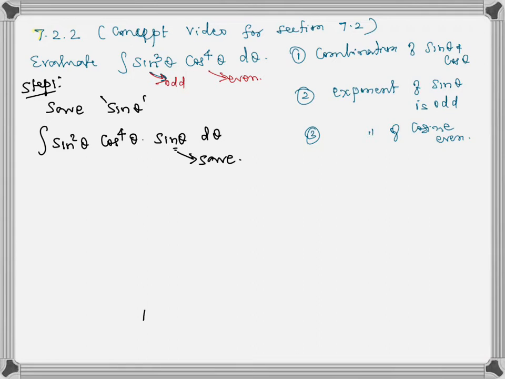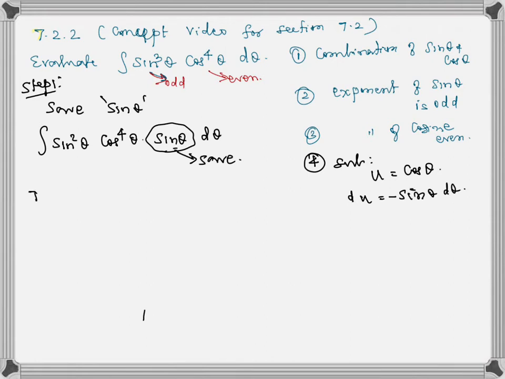Anytime you look for what you save, if you are saving sine, then your substitution would be cosine theta. In a problem, if you are saving a cosine, then your substitution would be sine theta. So we are making a substitution u equal to cosine theta. So du is negative sine theta d theta.